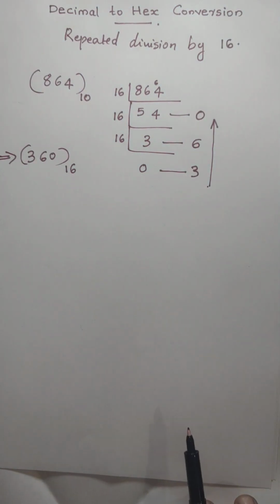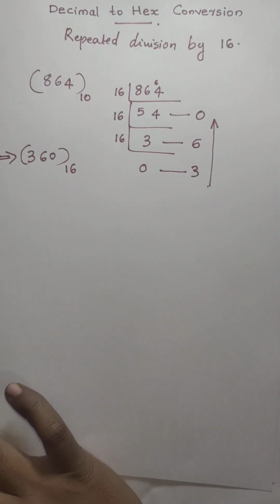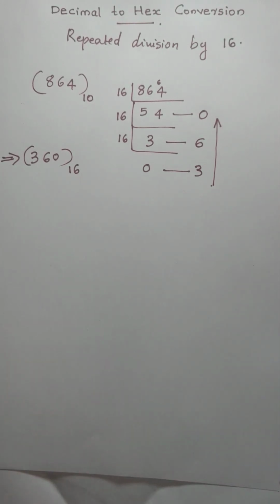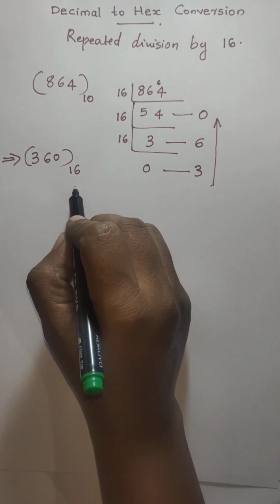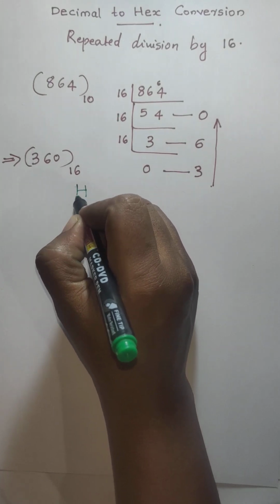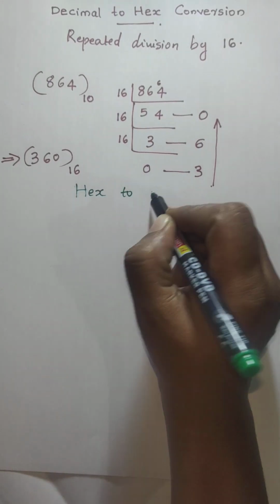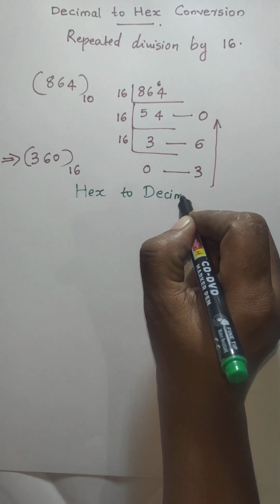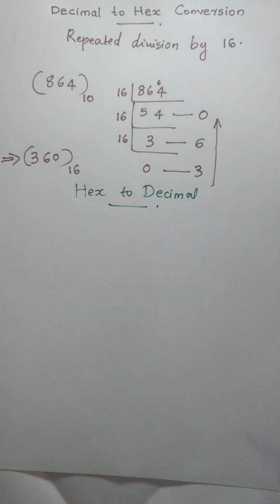Clear? And next, hex to decimal. How can we do hex to decimal? See, in the case of binary to decimal, what did we do?